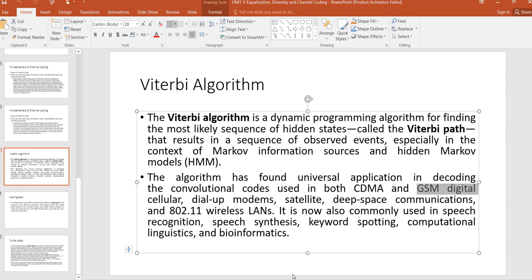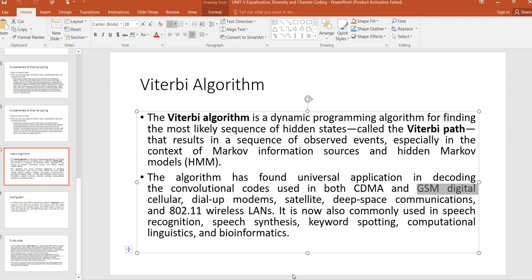GSM, dial-up modems, satellite, deep space communication, and 802.11 is also a wireless standard in the LAN. It is now also commonly used in speech recognition. Speech recognition is very common nowadays.